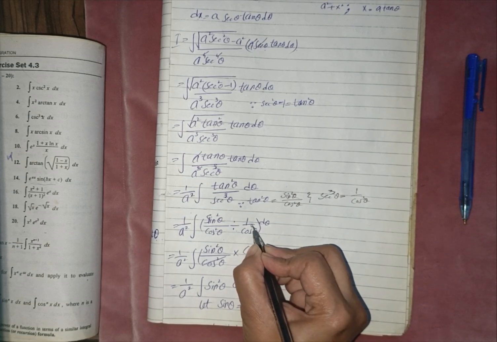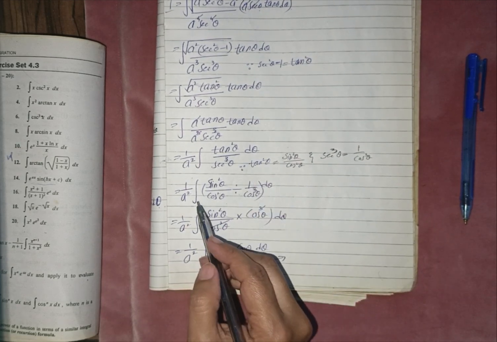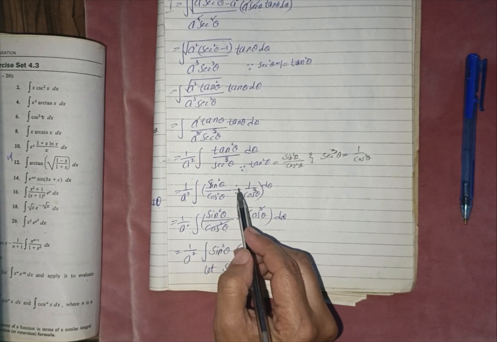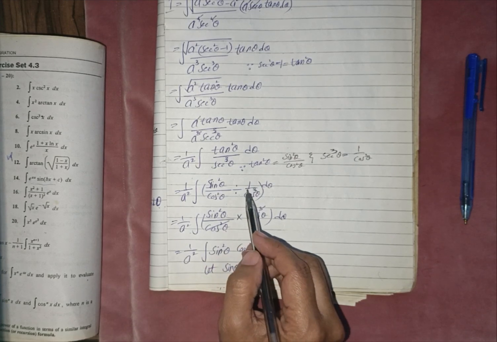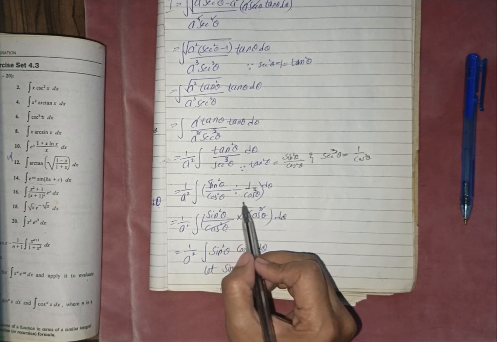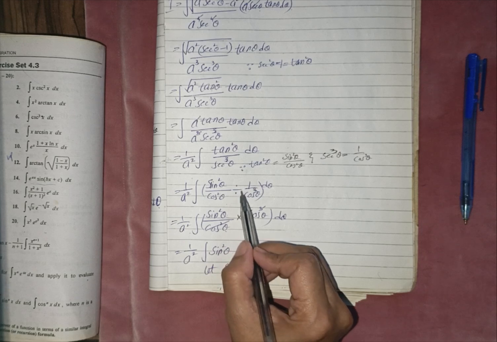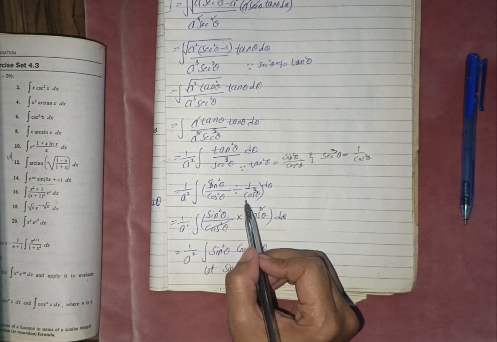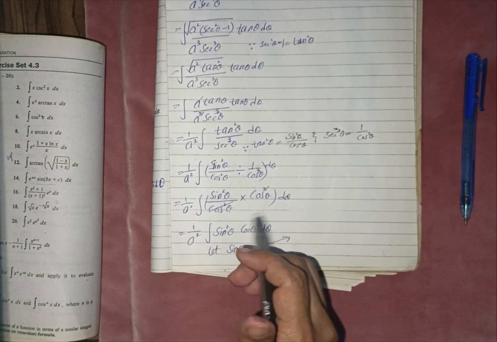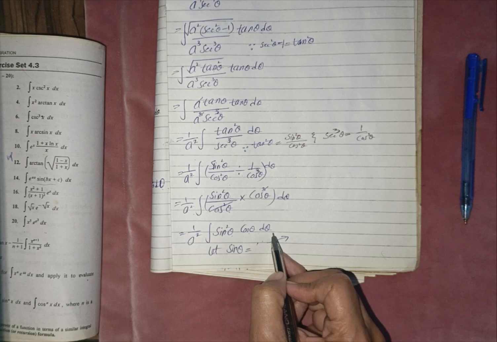After substituting these values, we will have 1 upon a square, sine square theta upon cos square theta, and take the inverse of this, changing division into multiplication, so 1 upon cos cube theta becomes cos cube theta. After cancellation, we will have sine square theta cos theta d theta.